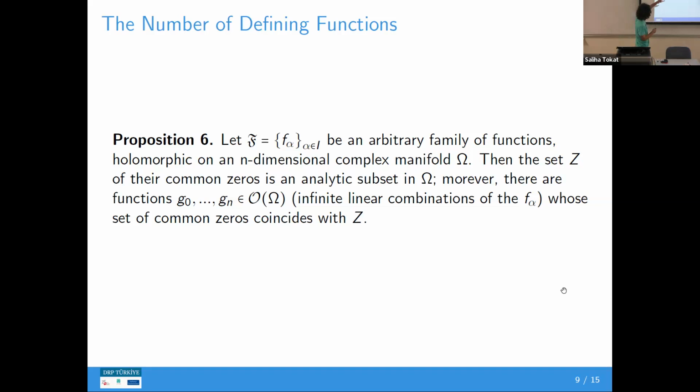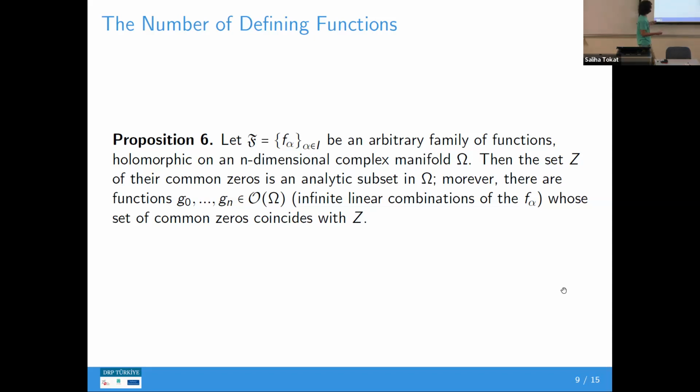Okay, we are taking an arbitrary family of functions which are holomorphic on omega, and we are considering their zero loci. There might be infinitely many of them, so we don't know anything about whether their zero locus is analytic or not. But this proposition says it is analytic.